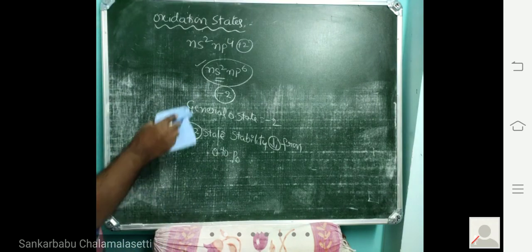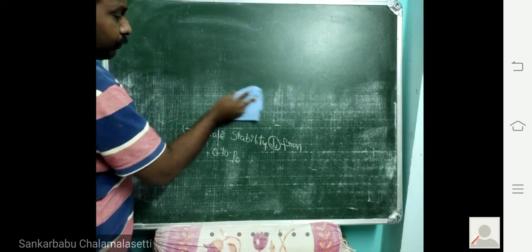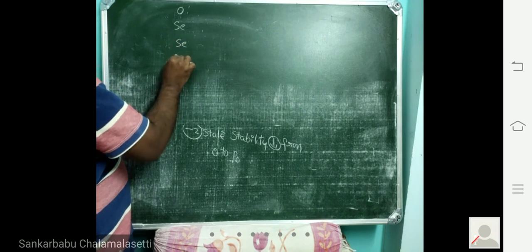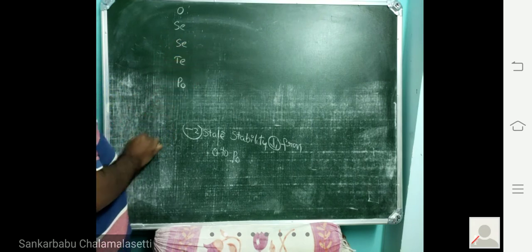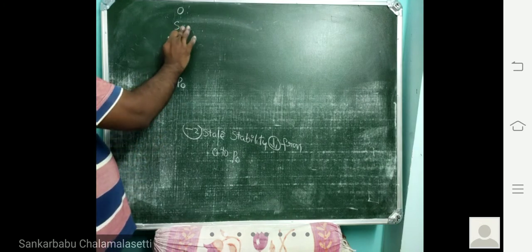Why does the oxidation state stability decrease from top to bottom? Because we know from top to bottom atomic size increases: oxygen, sulfur, selenium, tellurium, polonium. As atomic size increases, metallic nature increases.